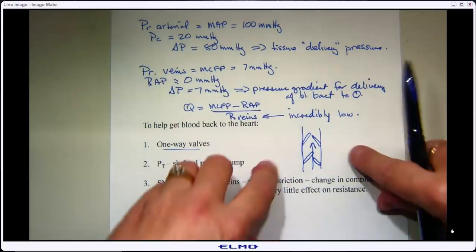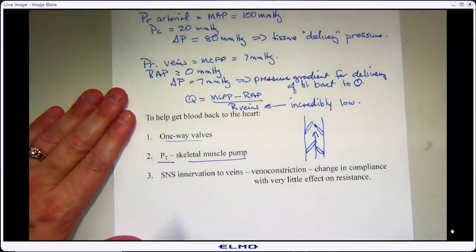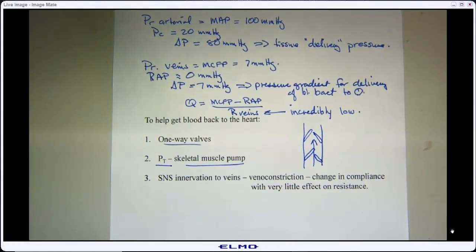You are then squeezing this, compressing this blood vessel, dropping its radius, pushing blood up to the next valve compartment, okay? So tissue pressure, they call it the skeletal muscle pump, okay?